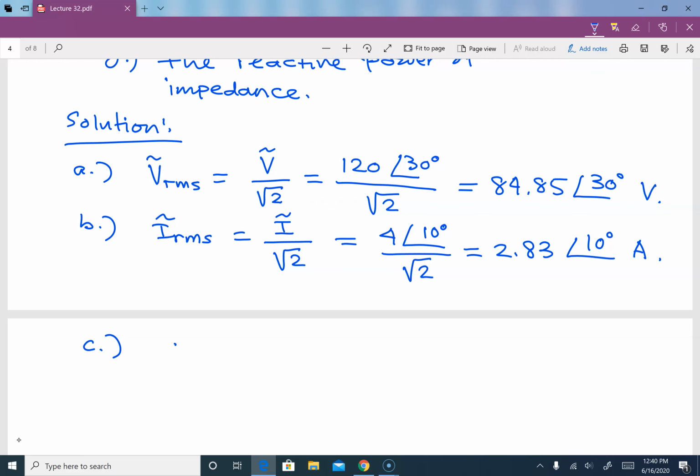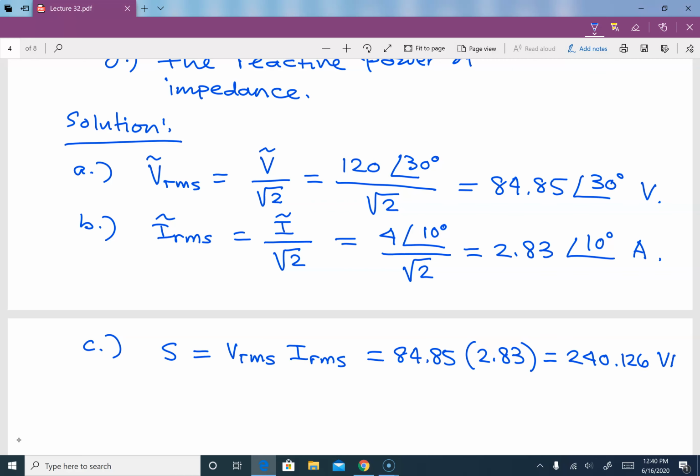So apparent power, that is S, is equal to the magnitude of VRMS times the magnitude of IRMS, and that is equal to 84.85 multiplied by 2.83, which is 240.126, and the unit is volt ampere.